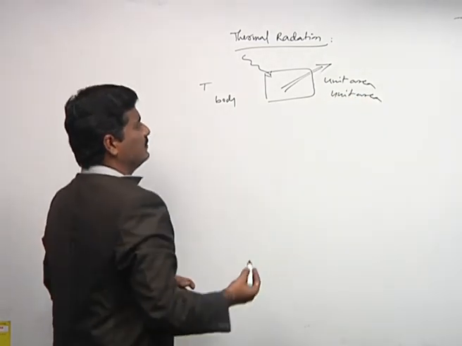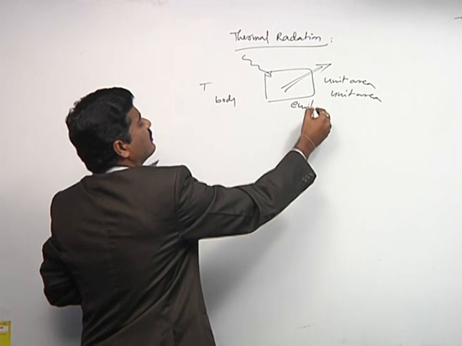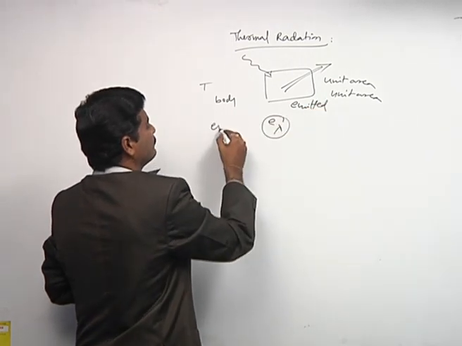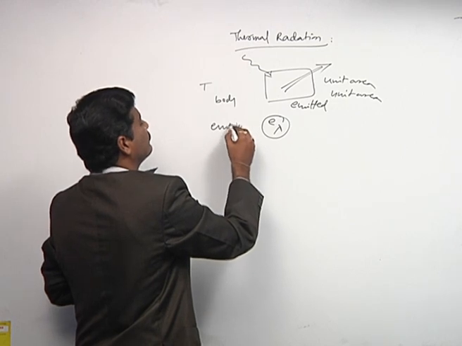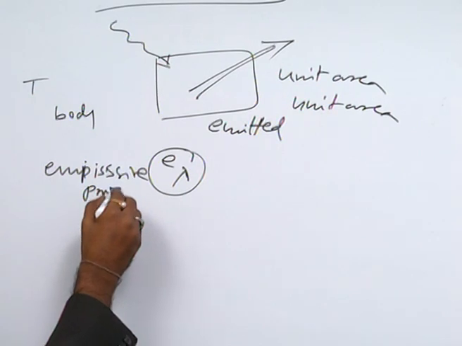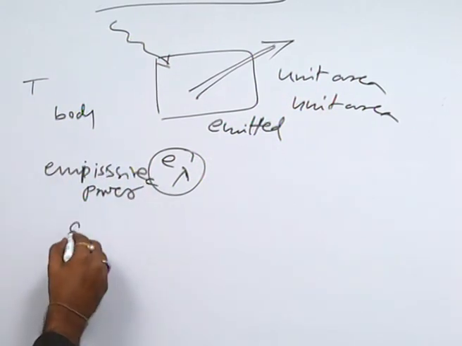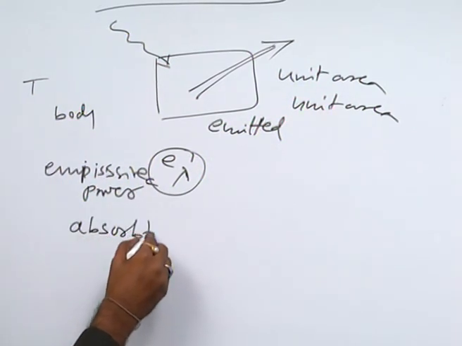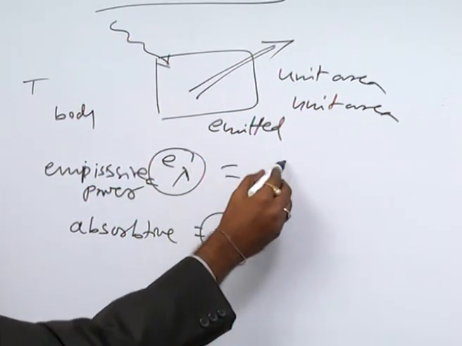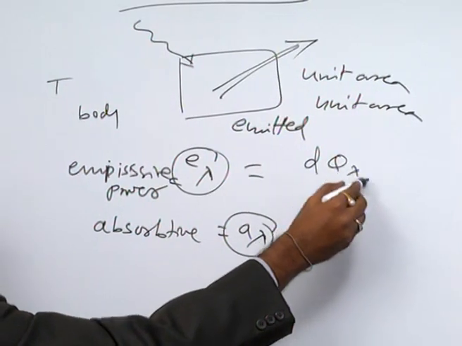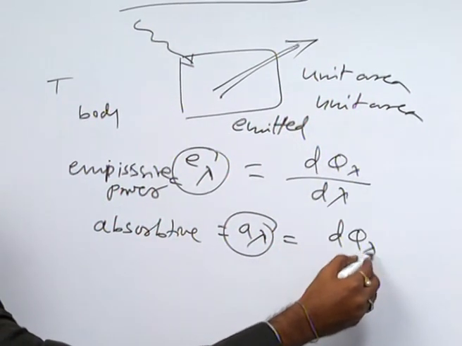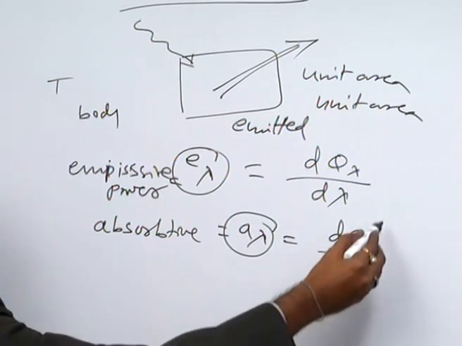The factor that gives the energy emitted is the emissive power, whereas the absorptive power we take as A lambda here. So, emissive power is defined as dq lambda emitted at a particular wavelength. Absorptive power is the ratio of the absorbed energy to the incident energy.